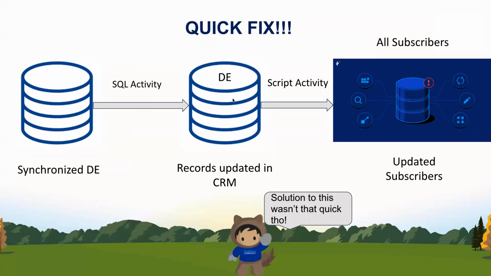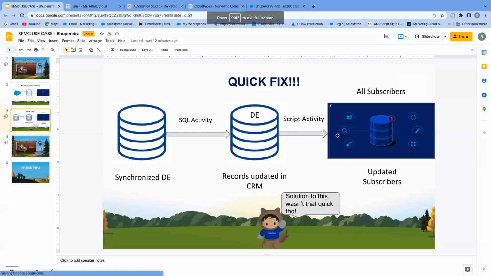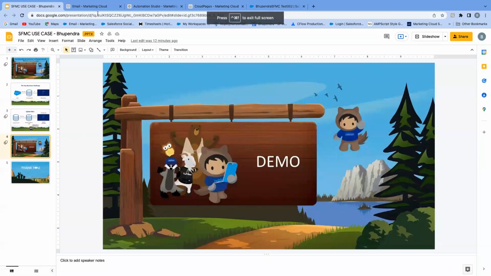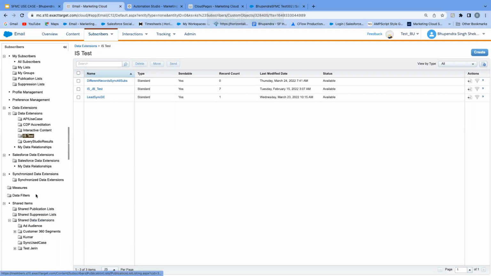Once we identify that these records are updated, we just need a script activity to update the records in the All Subscribers list. So these are the two things we need to do to have our instance hassle free. Let's quickly look into the Marketing Cloud instance to see how we can achieve that.